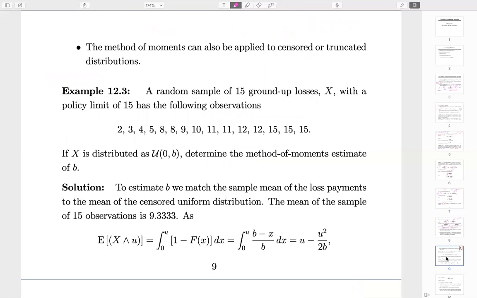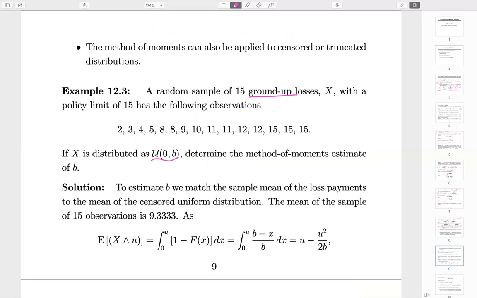Let's take a look at an example to see how we can do estimation for censored data. Here we have ground-up losses, and we have 15 observations.